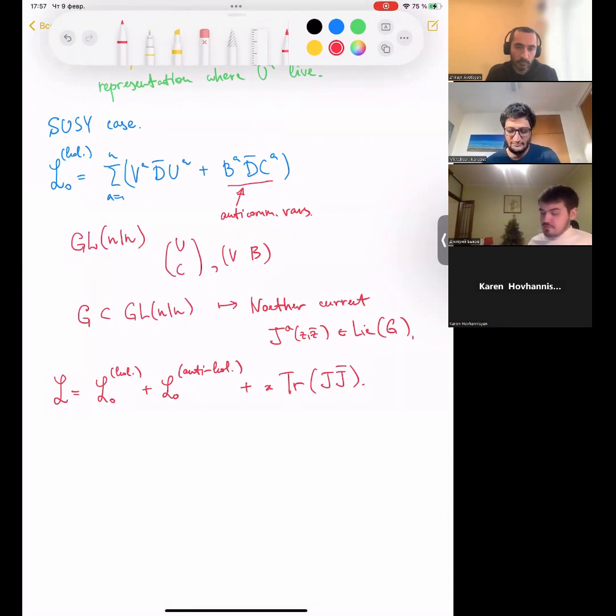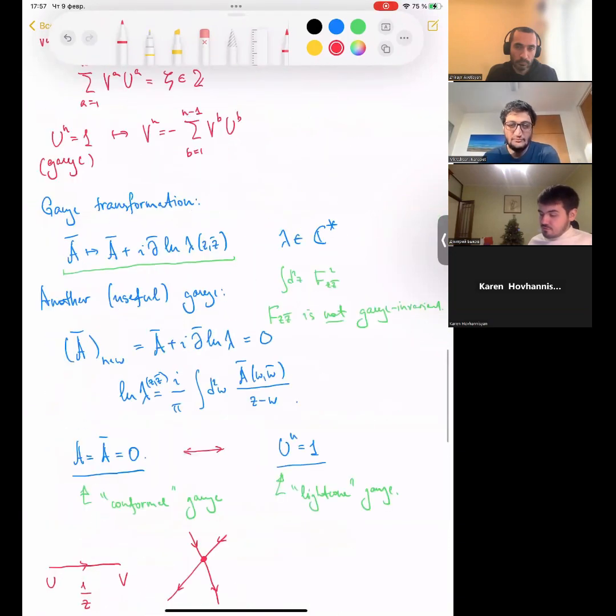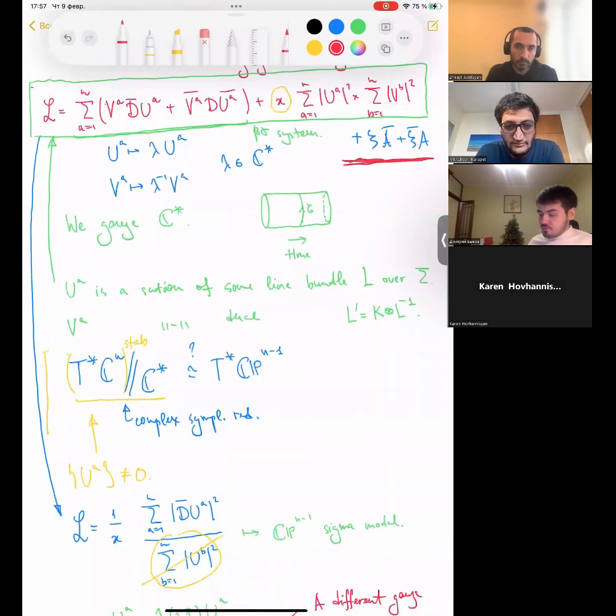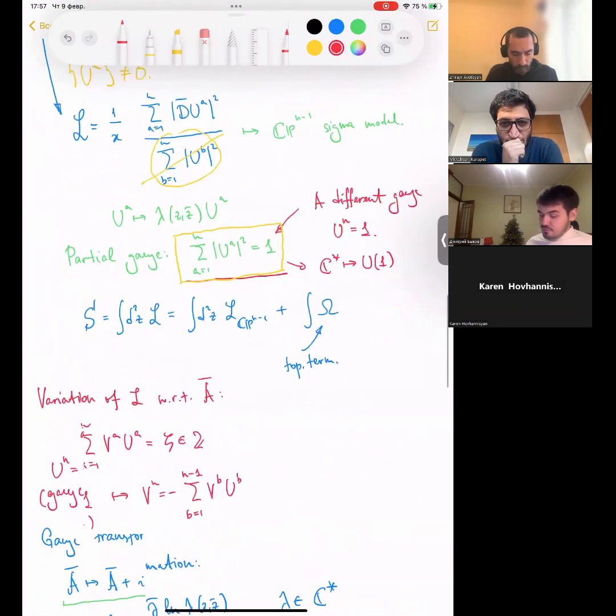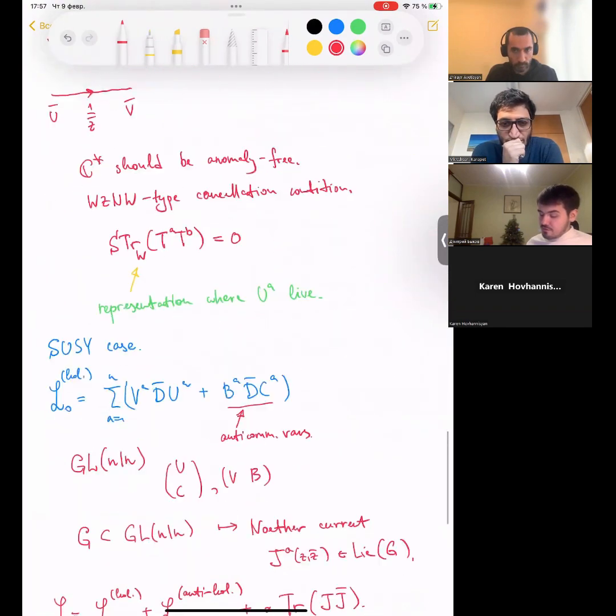This is a generalization of this Gross-Neveu Lagrangian that I showed here. This second term here can also be written as trace J J-bar, if you say that J is U times V. But the general setup is useful, for example, to construct a supersymmetric generalization.